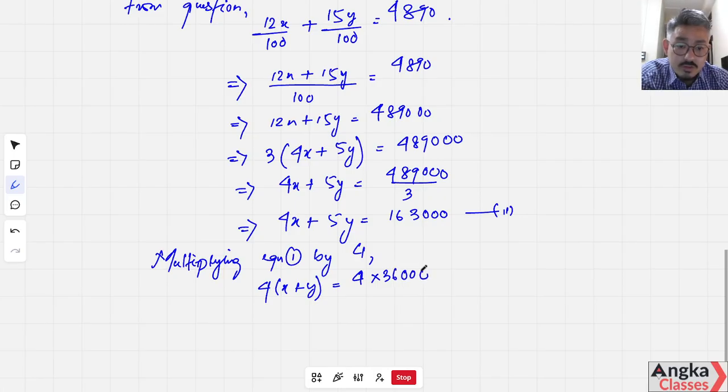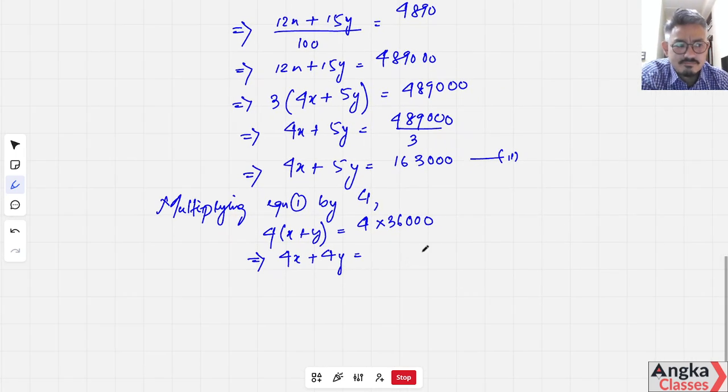So we have 4x plus 4y is equal to 144,000. We'll call this equation 3.